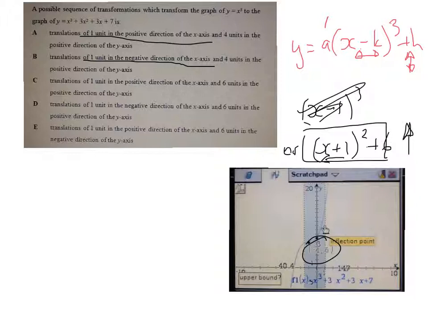Looking through all of the options, 1 unit in the negative direction of the x-axis and 6 units in the positive direction of the y-axis would be option D.